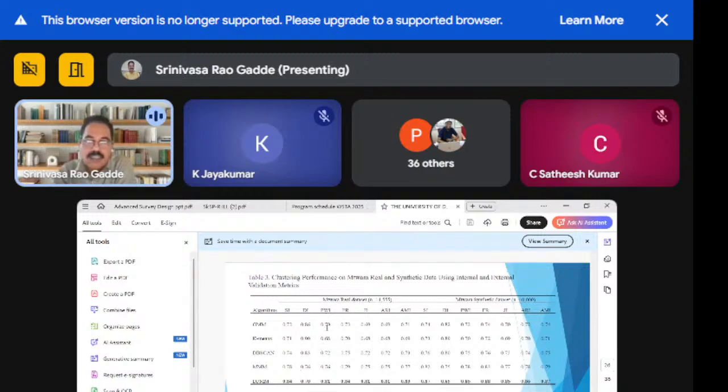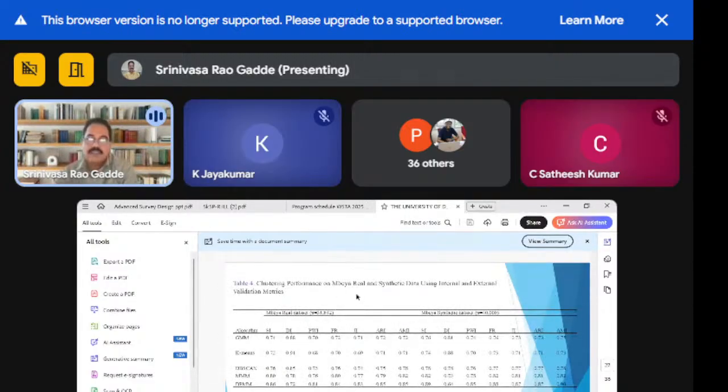Similarly, PWI is larger and the others are also larger. Therefore, overall, DPMM is performing better as compared with existing models like GMM, K-means, DBSCAN, and Triple M models. This is for the Matwara data.